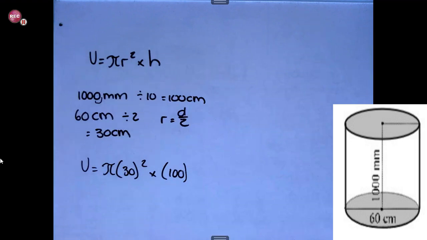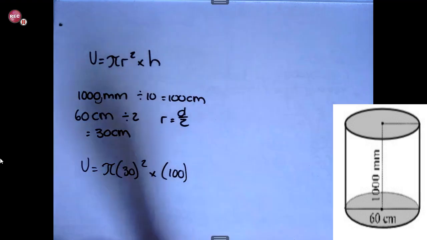If you take that entire calculation as given to you there, and remember you need a scientific calculator, and you put that into your calculator, you will get an answer of 90,000 pi.